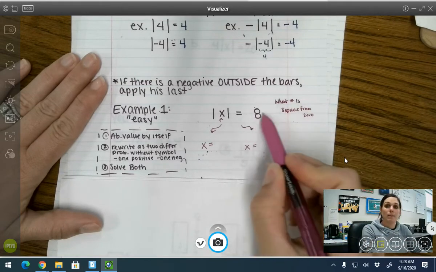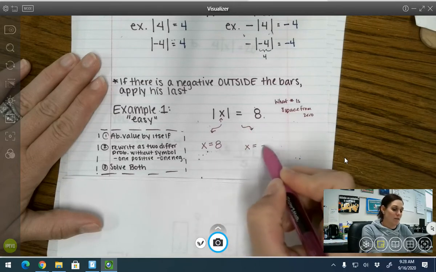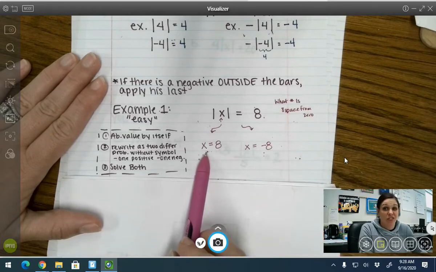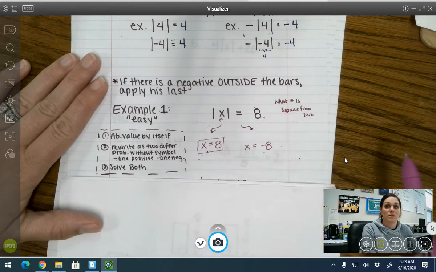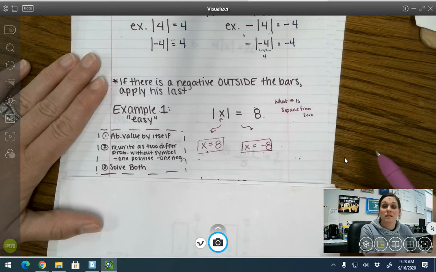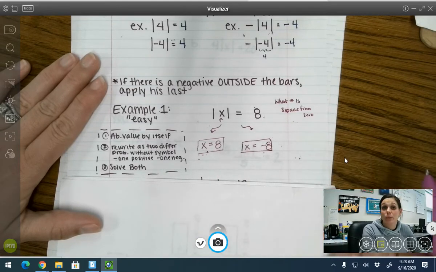All right, so I need my positive 8 and I need my negative 8. And then it says to solve both, but in this case, there's nothing to solve. My answers are right there. The number 8 is 8 spaces from 0, and the number -8 is 8 spaces from 0. So I would then record my answer as x equals 8 or x equals -8.